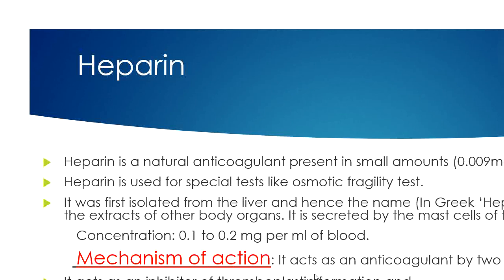Mechanism of action: it acts as an inhibitor of thromboplastin formation. In the coagulation mechanism, the first step is the formation of thromboplastin, which is inhibited by heparin. It also acts as an antithrombin, that means it inhibits the action of thrombin on fibrinogen. Heparin is rarely used as an anticoagulant because of disadvantages.